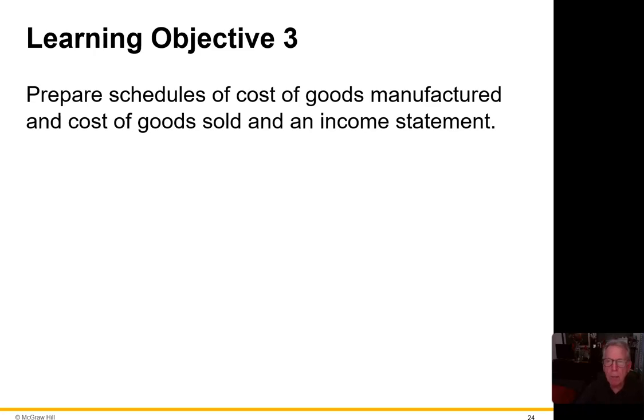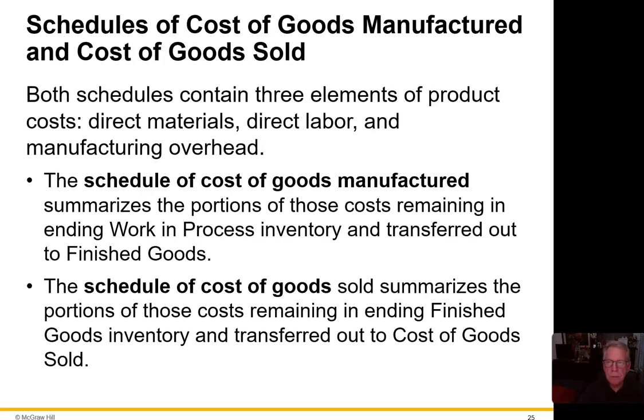Now we're going to take a look at preparing schedules of cost of goods manufactured and cost of goods sold and an income statement. So both the schedules are going to contain three elements of product costs: direct materials, direct labor, and manufacturing overhead.